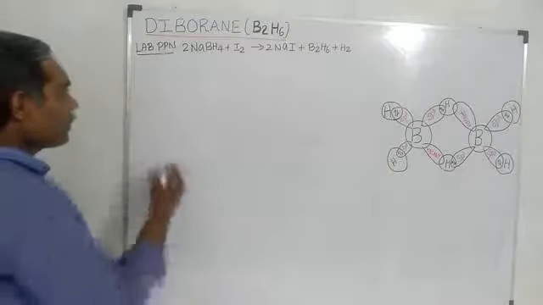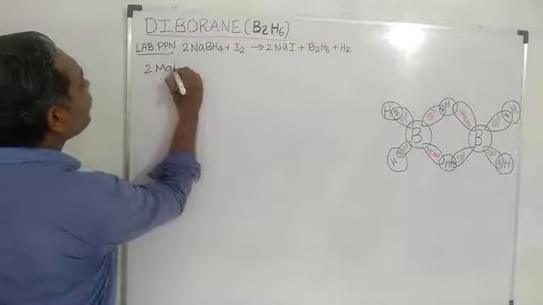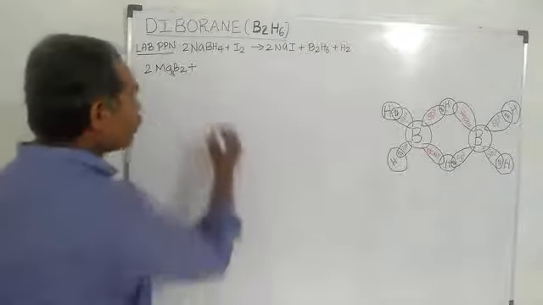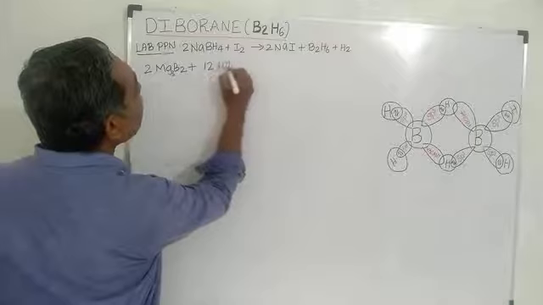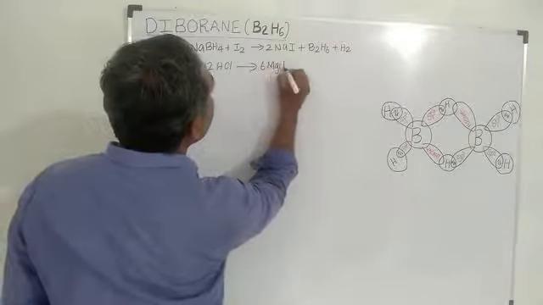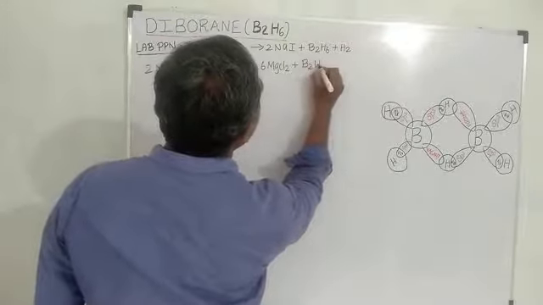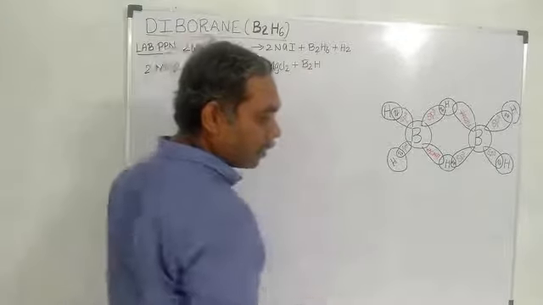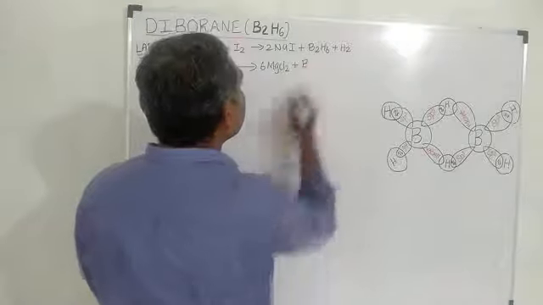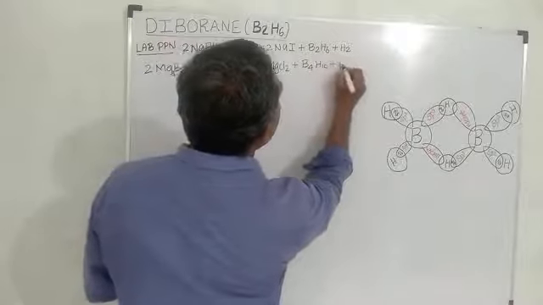Next preparation is from magnesium boride. 2Mg3B2 reacts with 12HCl, and we will get 6MgCl2, magnesium chloride, plus B4H10 plus H2.